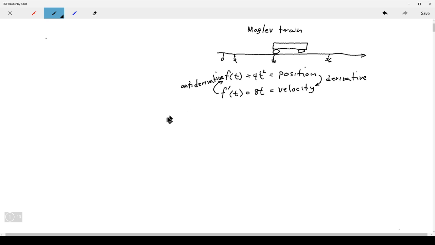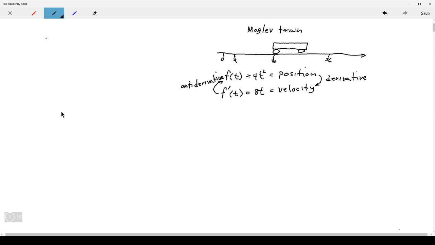All right, we're going to do this in terms of the physics, and we're going to look at this in terms of speed and velocity. Position and velocity and acceleration. Okay, so let's go through some basic definitions here.